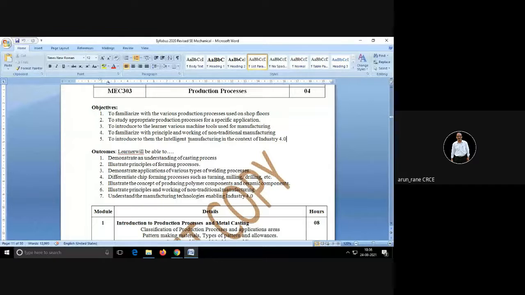So we get familiar with these machine tools, and also understand the working of non-traditional manufacturing. Non-traditional manufacturing means unconventional machining, like EDM, that is electro discharge machining, wire EDM, EBM, that is electron beam machining, laser beam machining, water jet machining, and what are its applications.